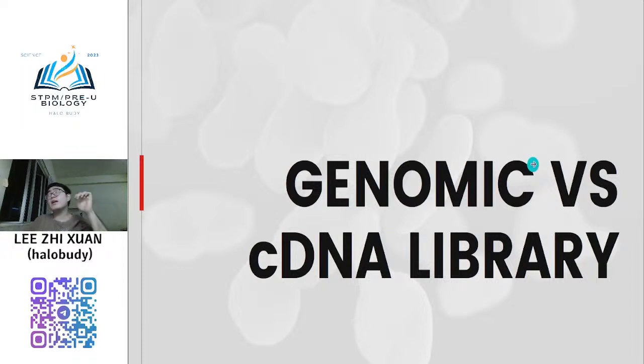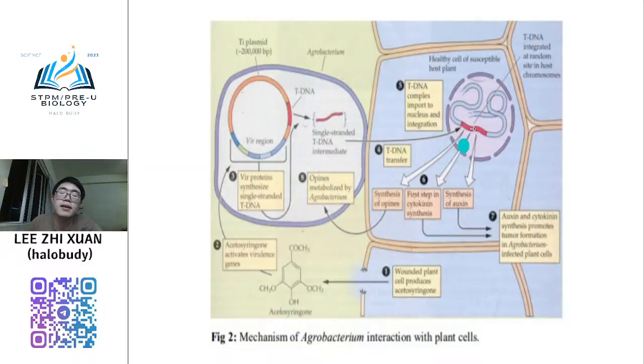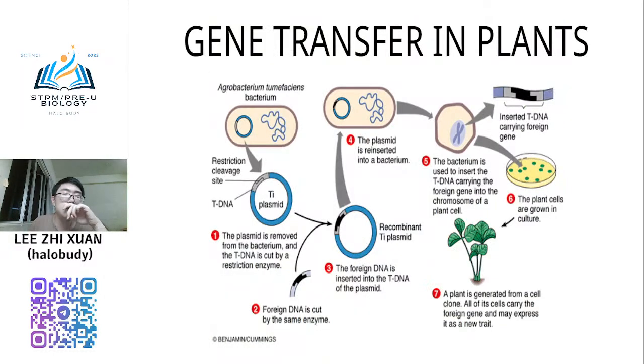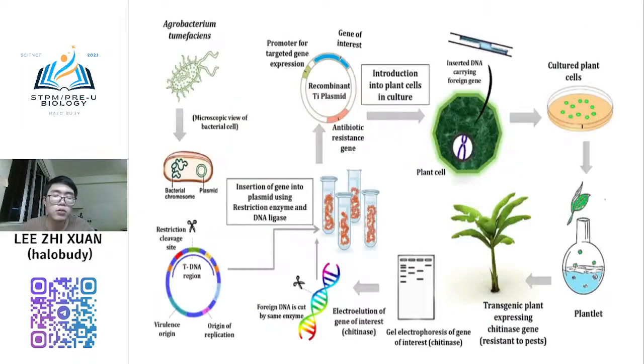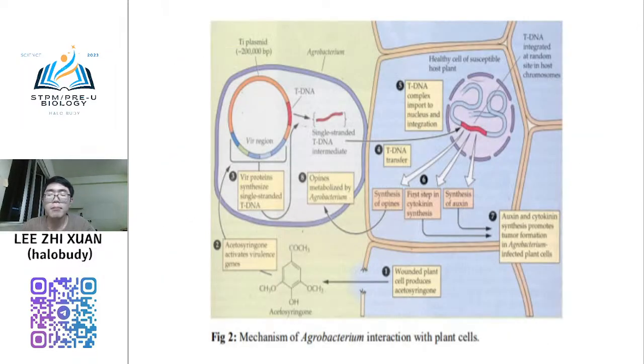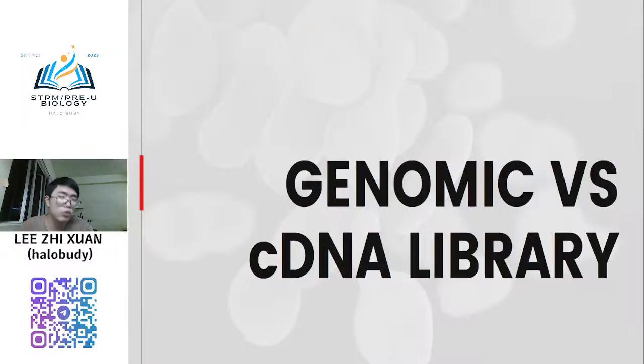Normally it's three applications: insulin, growth hormone, and also in plant. Animal, so far not yet. In animal it is actually more complicated for now. It is not in your syllabus yet, but if you study further you will learn it.